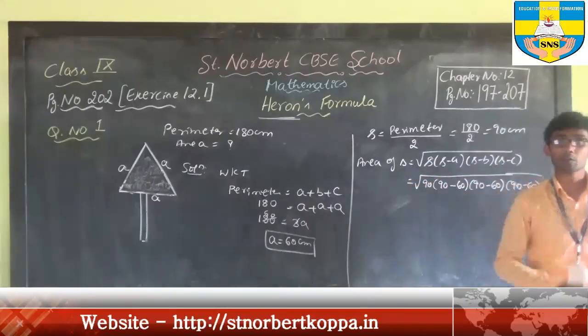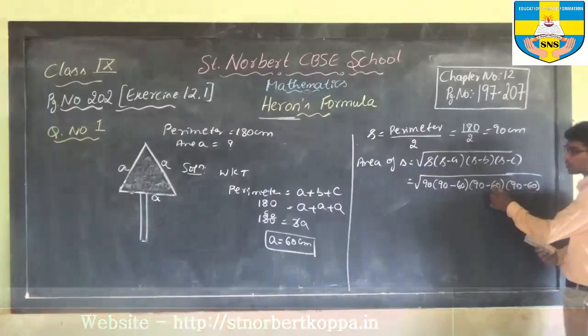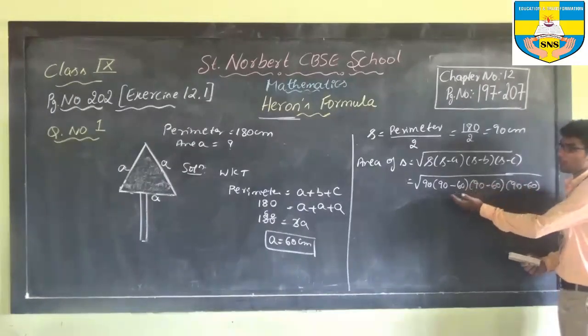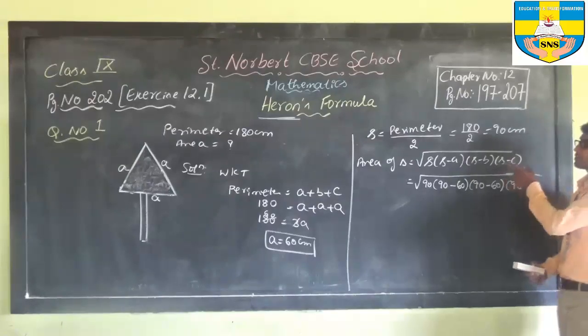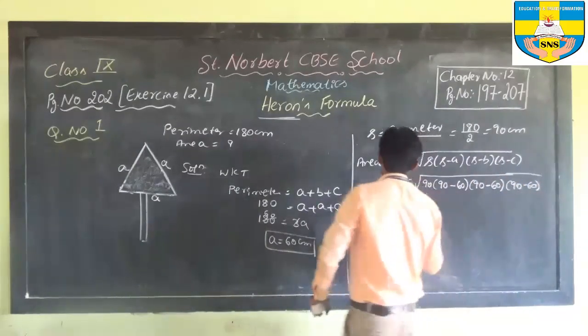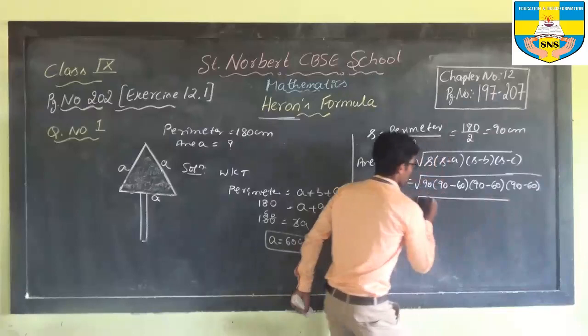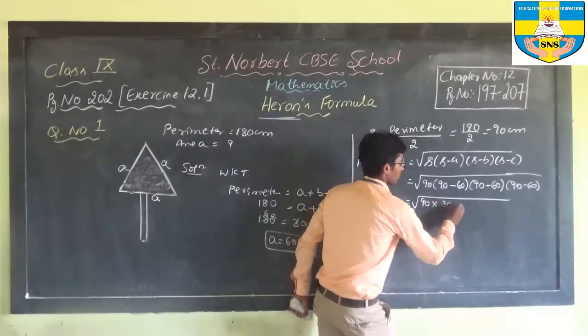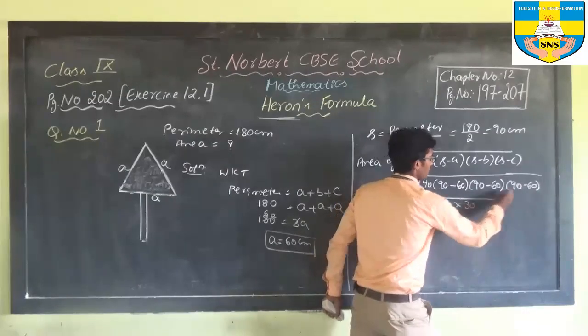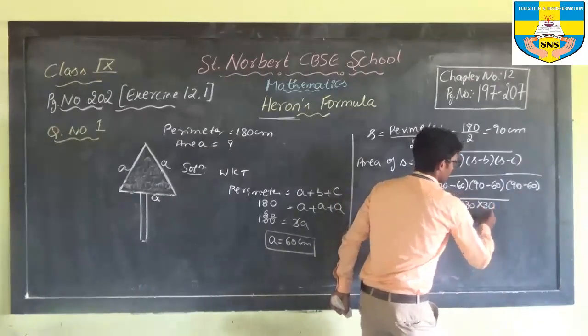If it is not an equilateral triangle, you will have different values to substitute here. Now for this problem, since it is an equilateral triangle, you have the same numbers in the place of A, B and C. We will have 90 into 30 into 30 into 30.